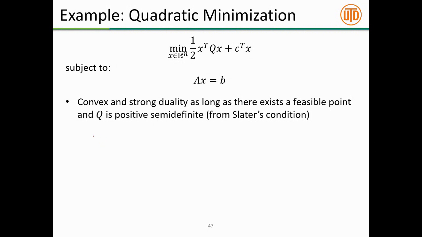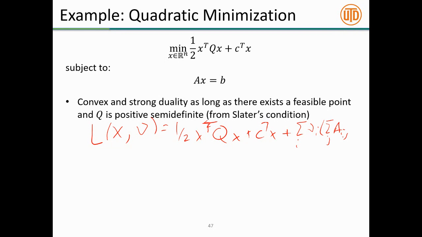the gradient of the Lagrangian is zero. The Lagrangian in this case is 1/2 x transpose Qx plus c transpose x plus the sum over all i of nu_i times the sum over all j of a_ij x_j minus b_i.